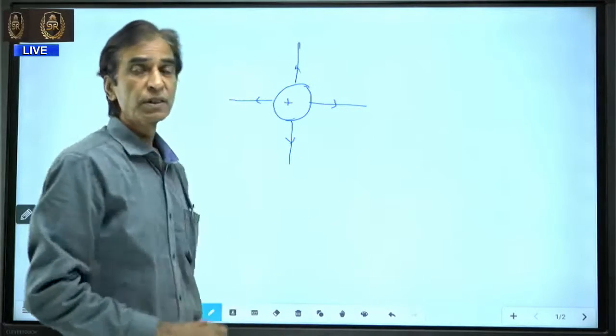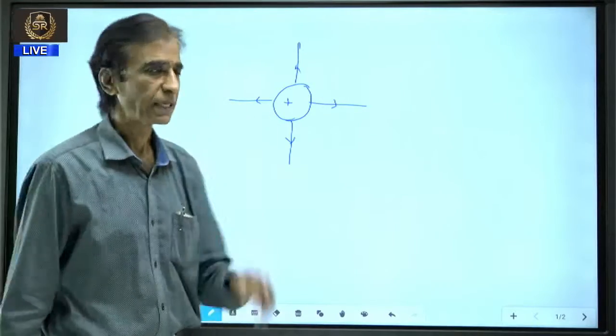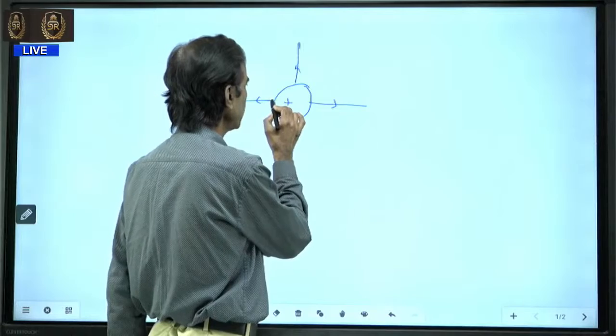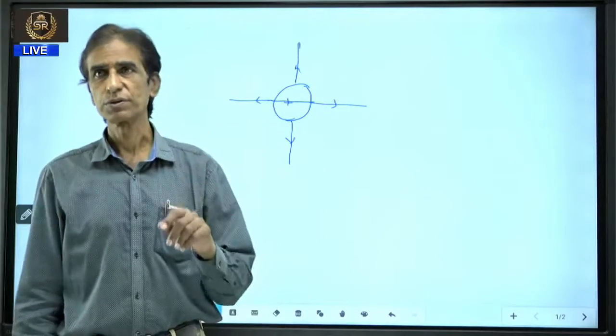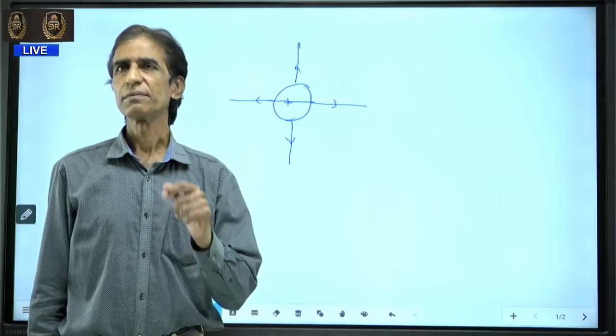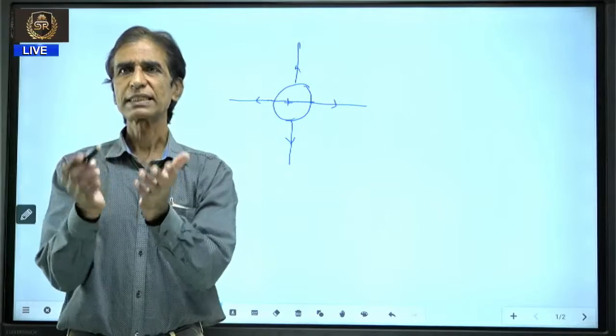But the field lines should not close inside the sphere. You should not show it like this. What is the reason? Because in a conductor there will be no excess charge.